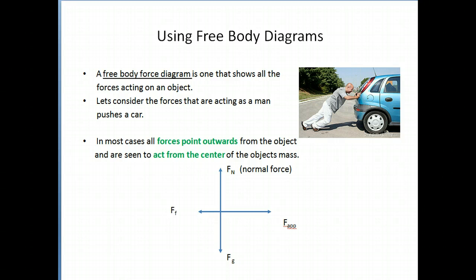So if we look at this person over here, as he's pushing the car, there are several forces acting upon it. First, we have a force that's being applied. Now, the car is going to resist the movement, so we have force applied here. But we also have a friction resisting force, and that's from the pavement.